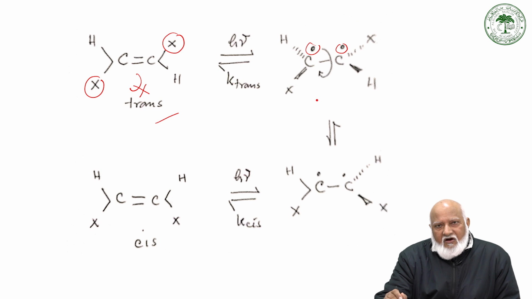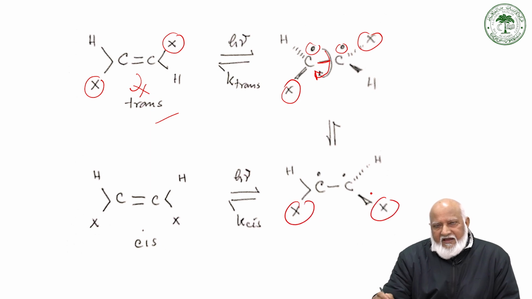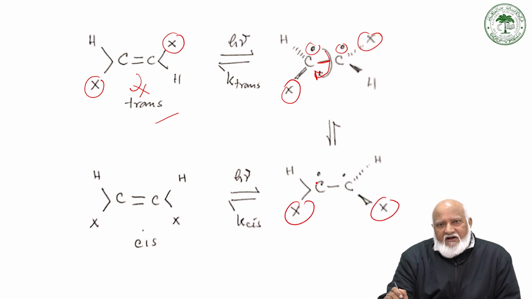Now, on absorption of light, when it goes to a diradical species, the loss of the double bond leads to a diradical intermediate. Now, there is a possibility of free rotation of this bond, and then this trans isomer can go to the cis isomer, and all these reactions are always in equilibrium, and then this radical once again can combine to give you a cis isomer.